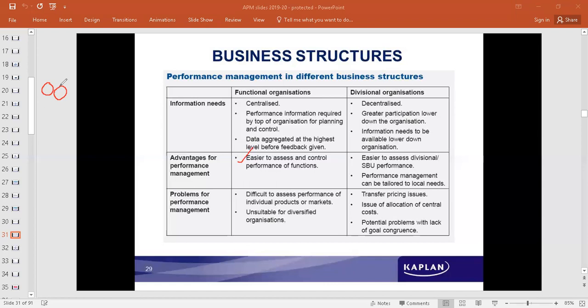So the first one is transfer pricing issues. You have learned transfer pricing in PM, where the output produced by one department is required by another department as input. So in such a situation, at what price would this output be transferred to the other department? The department which produces and sells in the outside market is called the selling department.